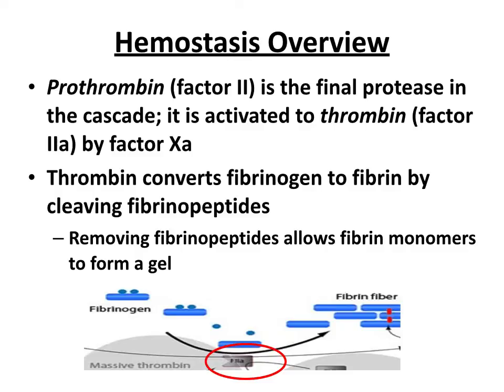So we need factor 10A. When this factor is activated, it's going to be involved in activating prothrombin to thrombin. Thrombin then is going to convert fibrinogen to fibrin by cleaving these fibrinopeptides.